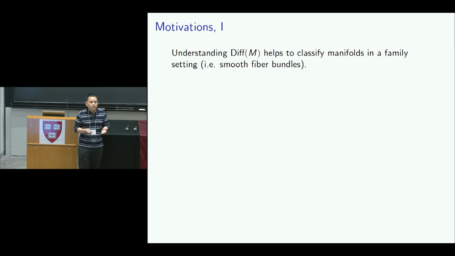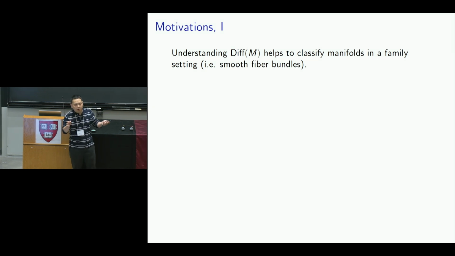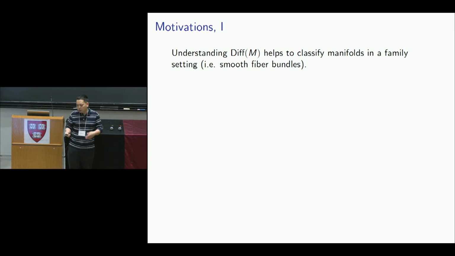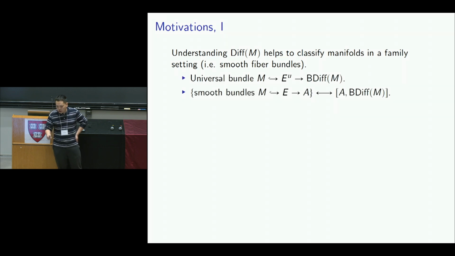For example, if you think about a smooth fiber bundle with fiber M and base B, you can see it as a family of manifolds parametrized by the base space. Now if we want to classify fiber bundles, we are basically thinking about a classification problem in a family setting. Recall that we have the universal bundle over the classifying space, and every smooth bundle is pulled back from this universal bundle in a unique way.